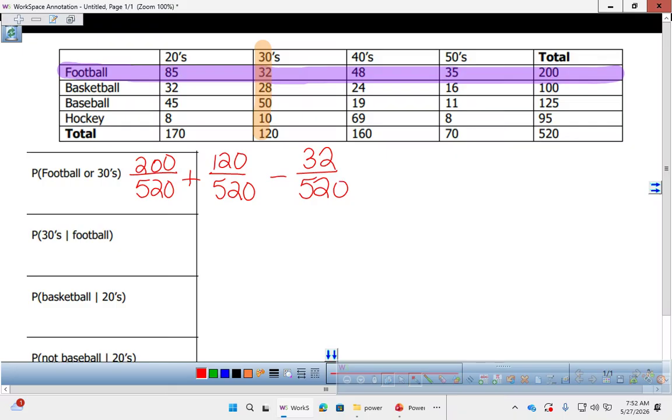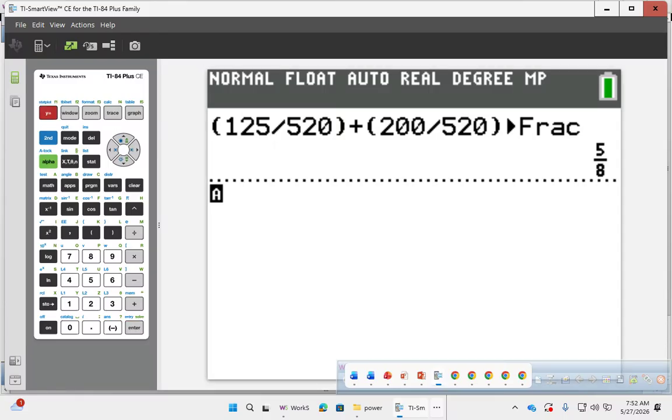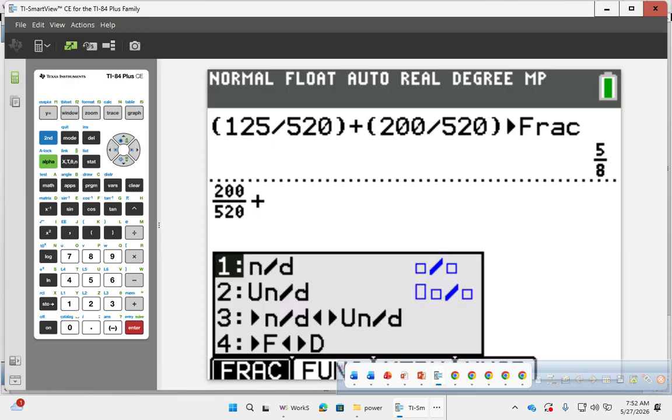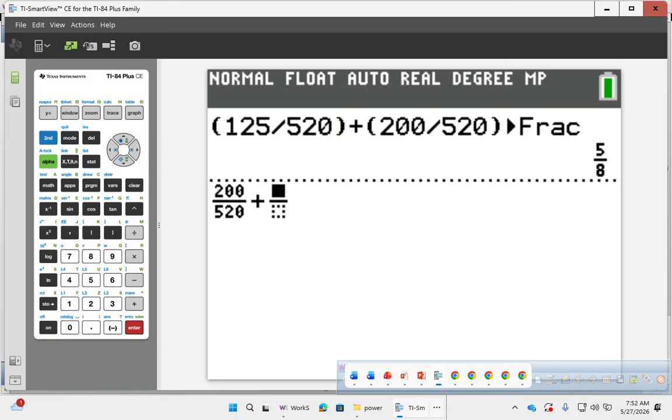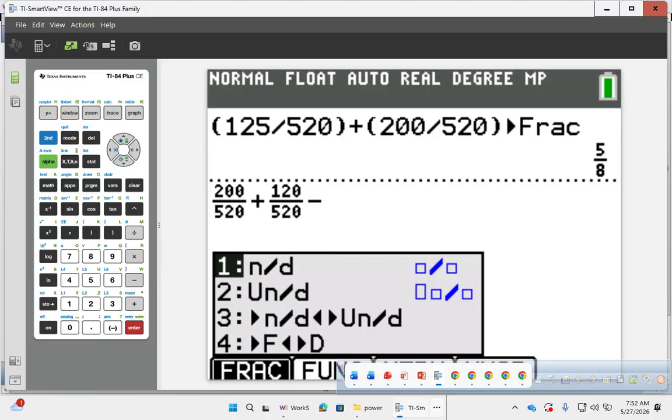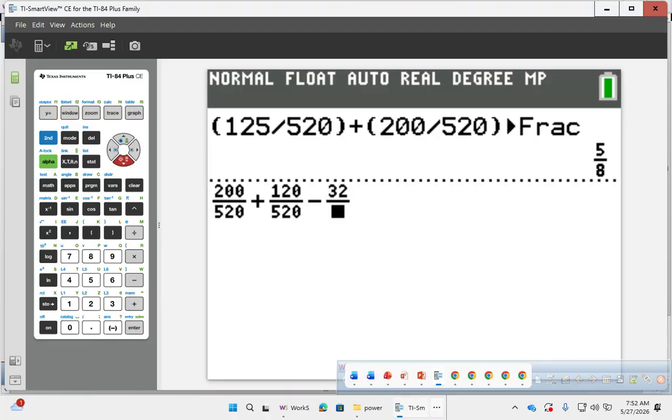And then I'm going to type that into the calculator, the exact way that it looks. I'm just going to do it with alpha y equals just to show you the other way. So 200 over 520, alpha y equals, again, the second number is 120 out of 520, and then minus 32 out of 520.